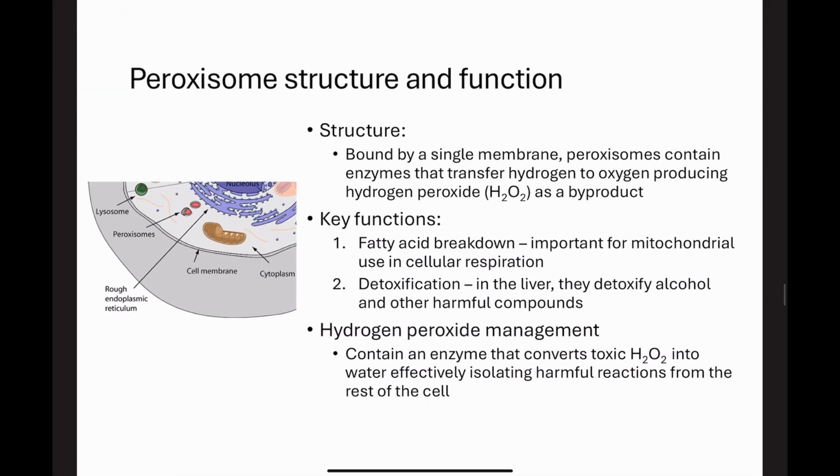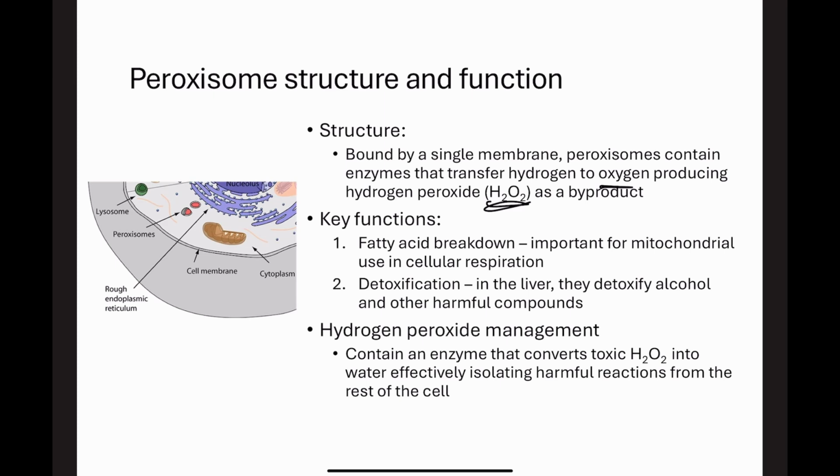So peroxisomes are single-membrane-bound organelles, and they contain enzymes that are responsible for oxidation reactions. These enzymes transfer hydrogen atoms from various molecules to oxygen, and what it does is form hydrogen peroxide as a byproduct.